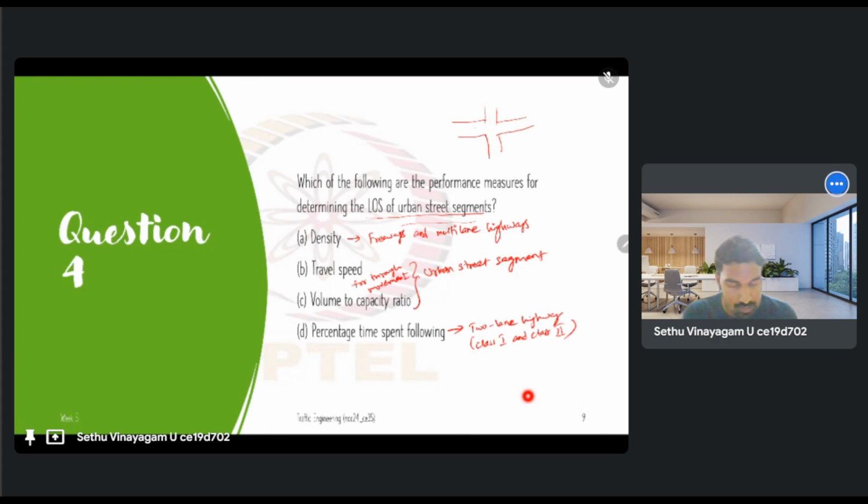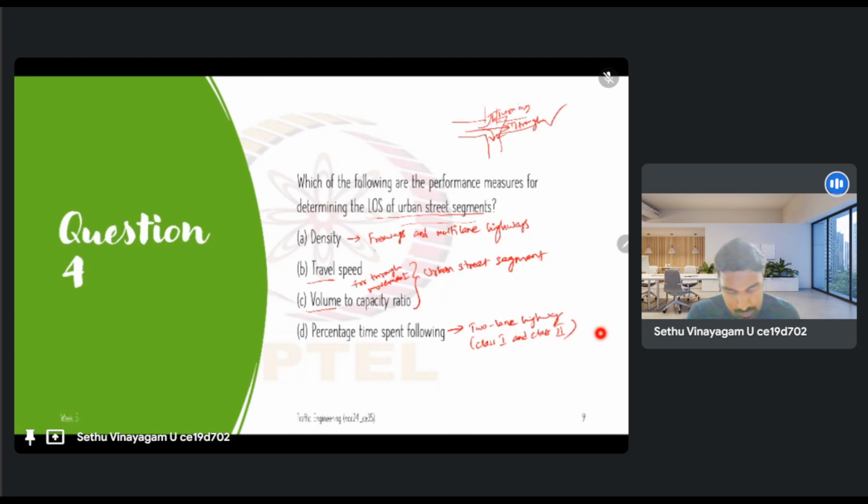At intersections, we could have through movements as well as turning movements. This is the through movement, and these are the turning movements. We could have left turning, right turning. These two performance measures, travel speed and volume to capacity ratio, are measured only for the through movement and then used in the LOS analysis.